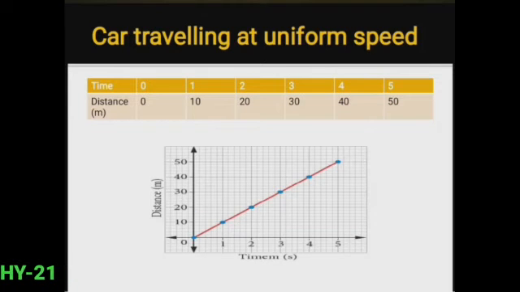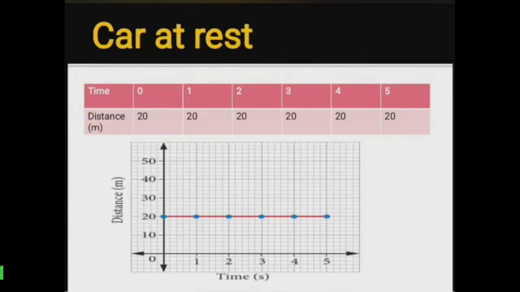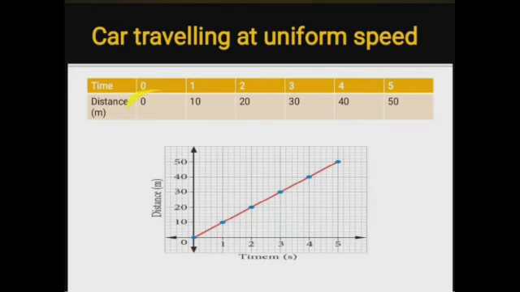Next one, car traveling at uniform speed. See the data at 0 second, 0. Then for 1 second, car covers 10 meter. Then for 2 second, 20 meter. 3 second 30 meter and 4 second 40 meter, then for 5 second 50 meter.